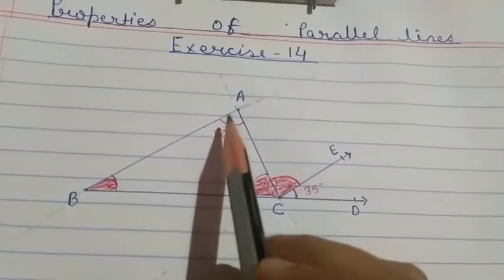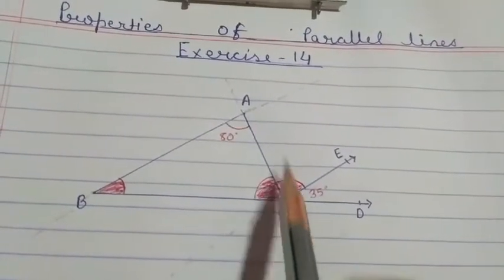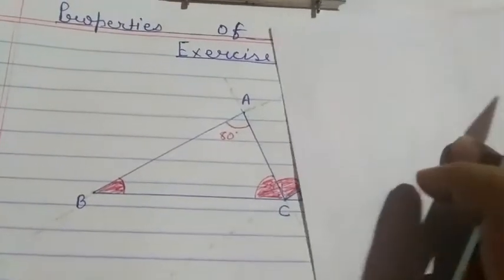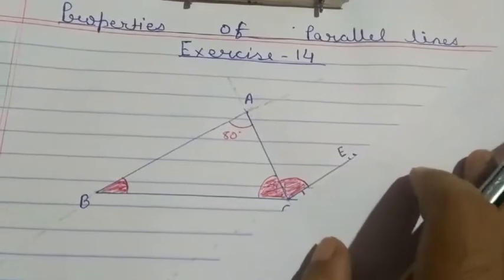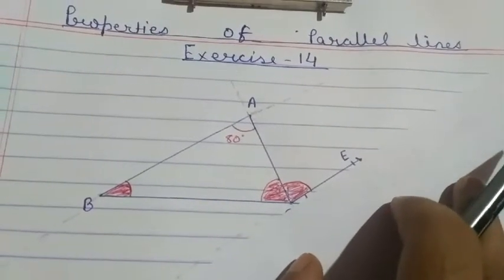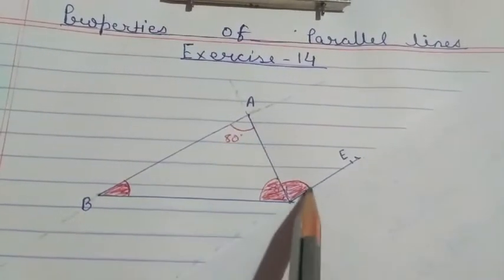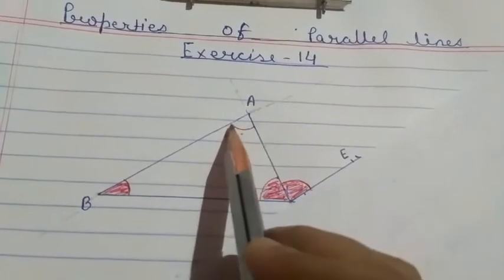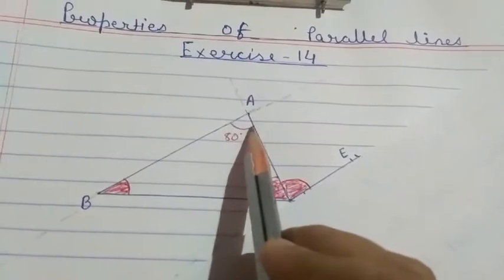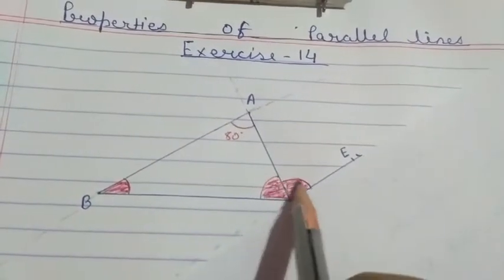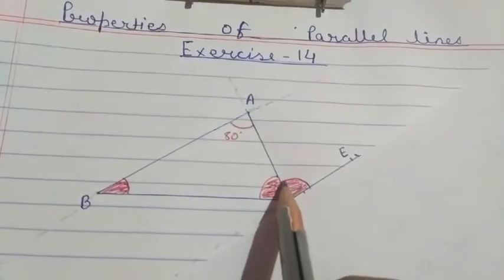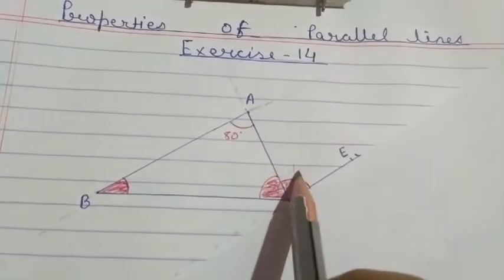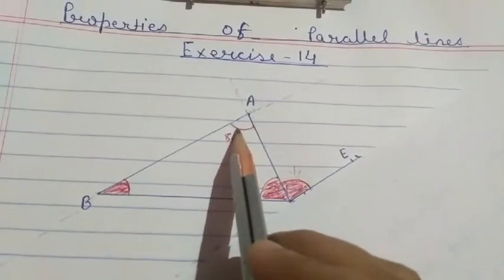So when parallel lines are cut by a transversal, see here, if both these lines are parallel and this line is a transversal, then this angle and this angle are alternate interior angles.